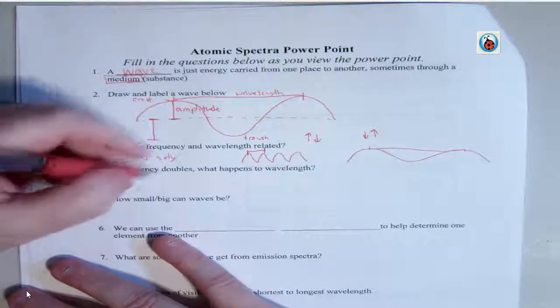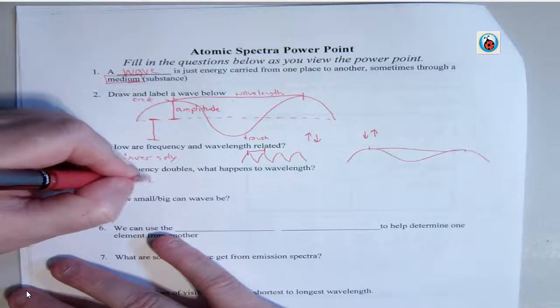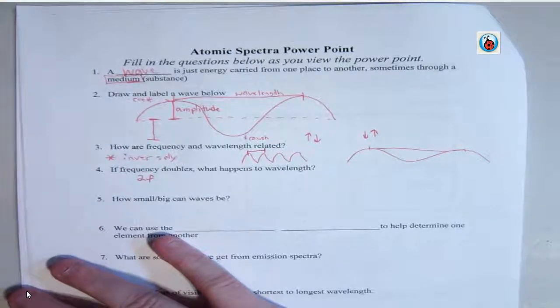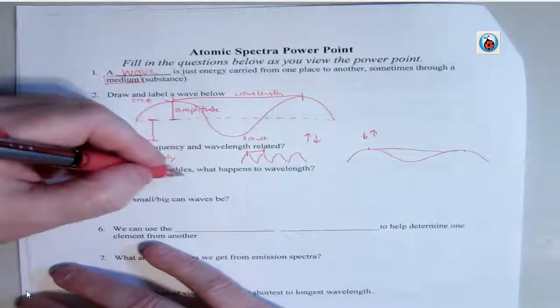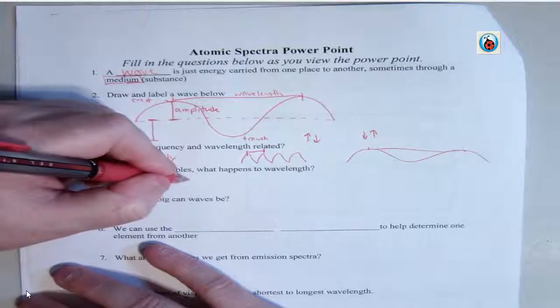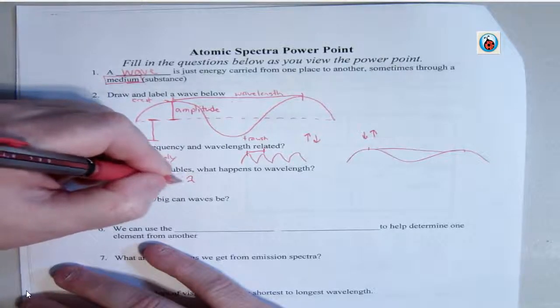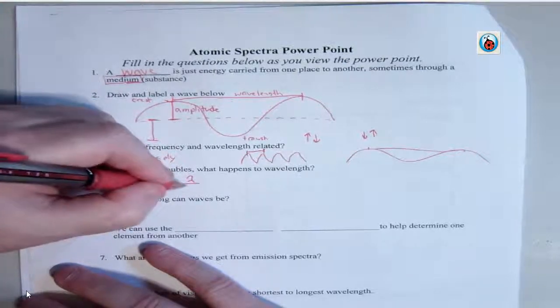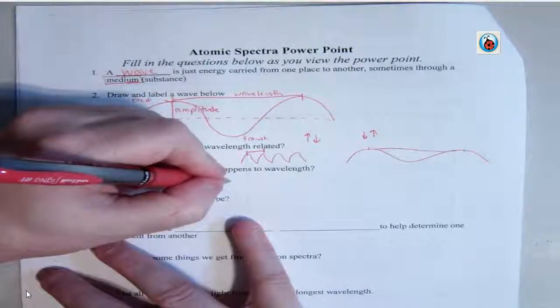Let's say our frequency, we'll call it F. If my frequency is doubled, 2F just means doubled, right? What happens to the wavelength? Well, since it's an opposite relationship, it wouldn't be 2 on the top. Inverse means opposite, so we'd put a 2 on the bottom. So what does that mean? It means divided by 2, right?